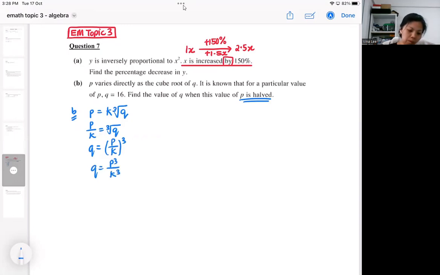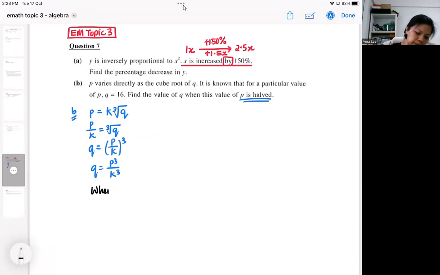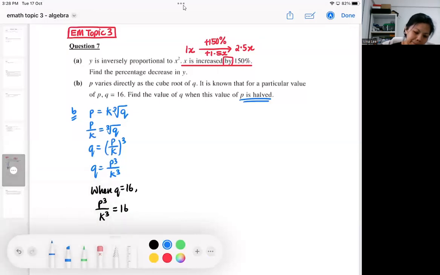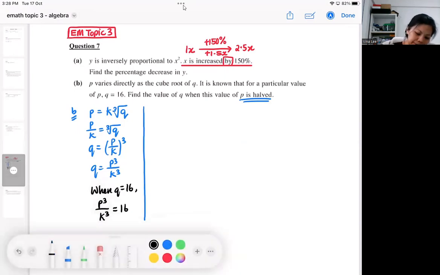Now I'm going to follow what the question gave me first. It is known that for a particular value of P, Q is equal to 16. They outright give me Q equal to 16, so I'm just going to use it first. Then I'm going to do out the changes. Before you do the changes, remember this part here.